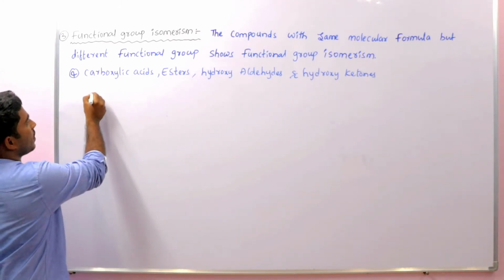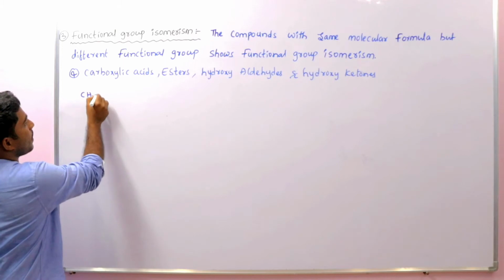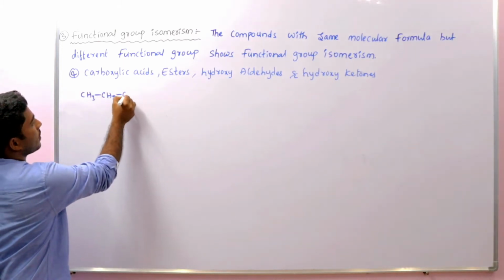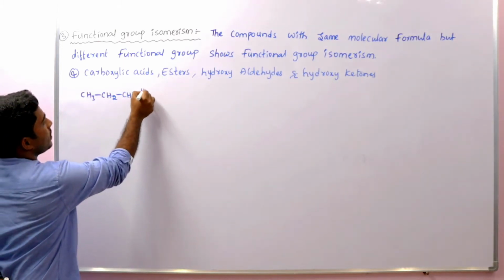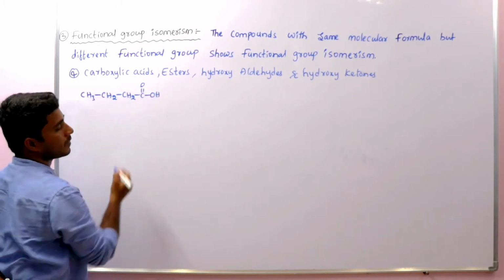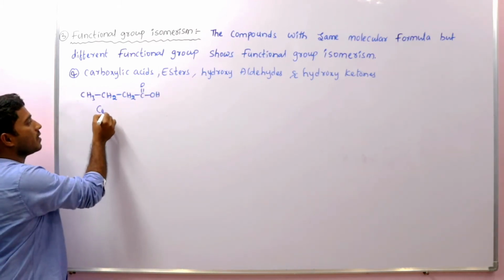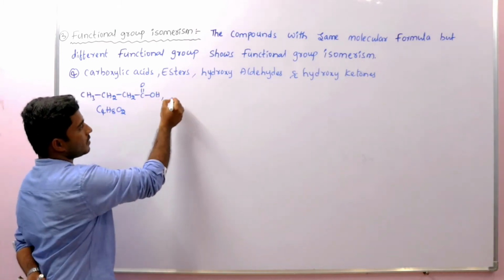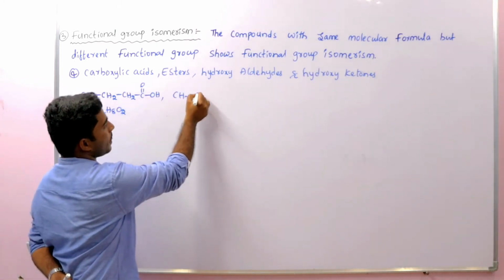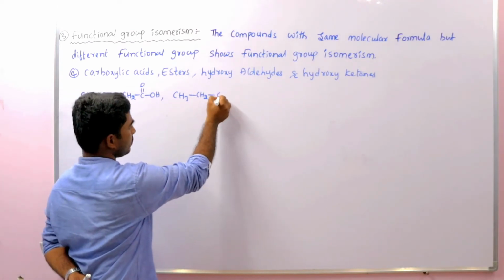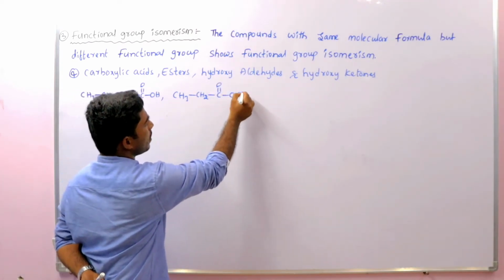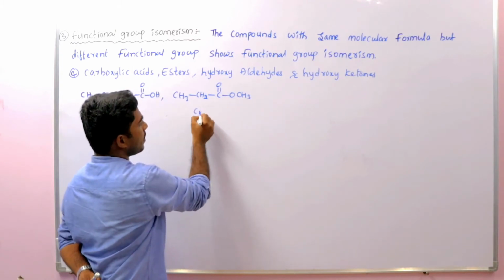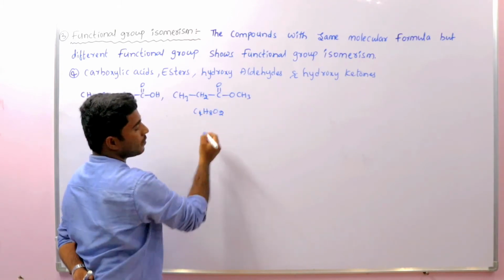So let us see. CH3CH2CH2COOH. Here the formula is C4H8O2. Esters: CH3CH2COOCH3. Here also the formula is C4H8O2.